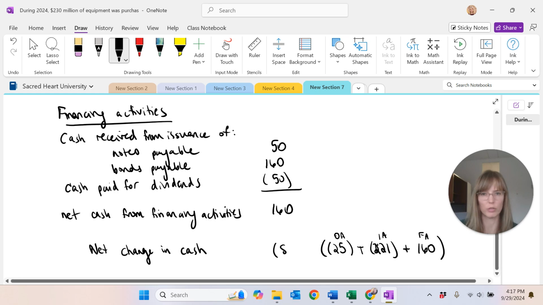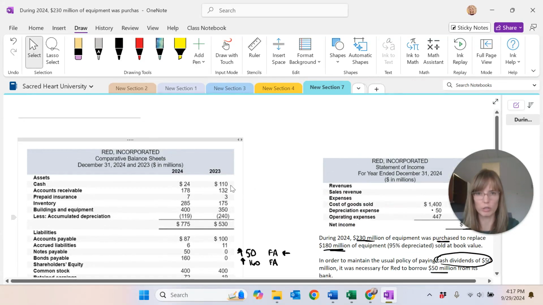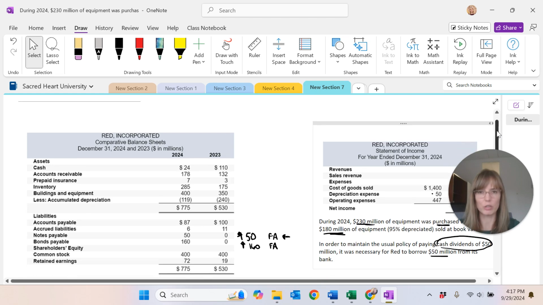And that's what I expected, because when I come up to the balance sheet, I see that cash was 110 in the prior year and 24 at the end of this year, which is a decrease of 86. Now we don't stop there. We give the investors the beginning cash balance, which was the prior year's ending cash balance of 110.